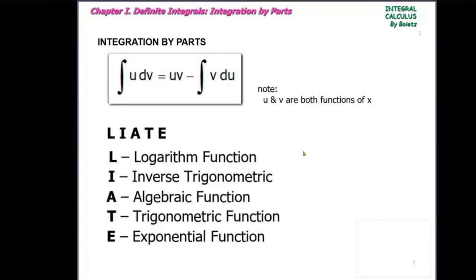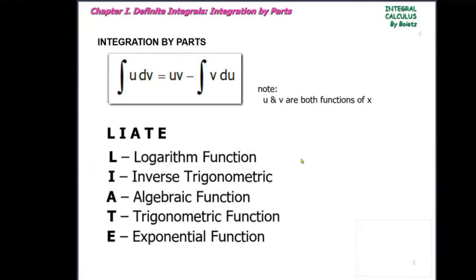Ito yung pinaka-sequence. Ang unahin mong u, una muna, logarithmic function, then inverse trigonometric, algebraic function, trigonometric, and exponential. So ito yung sequence. Dapat ito mauna sa u.